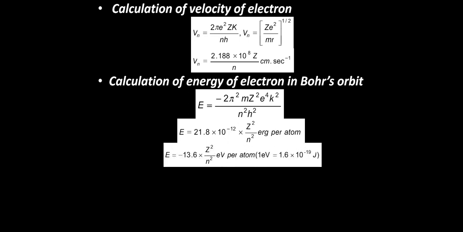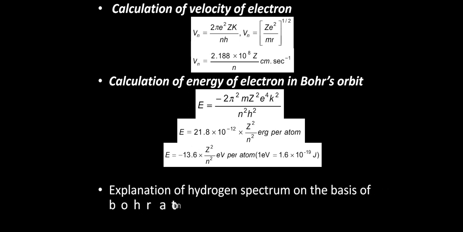In terms of electron volt per atom, we can get minus 13.6 z square by n square. 1 electron volt, as you know, is 1.6 into 10 to the power minus 19 joules, which can be converted easily. The hydrogen spectrum could be explained in a very nice manner by using the Bohr model. So these were the successes of the Bohr model.